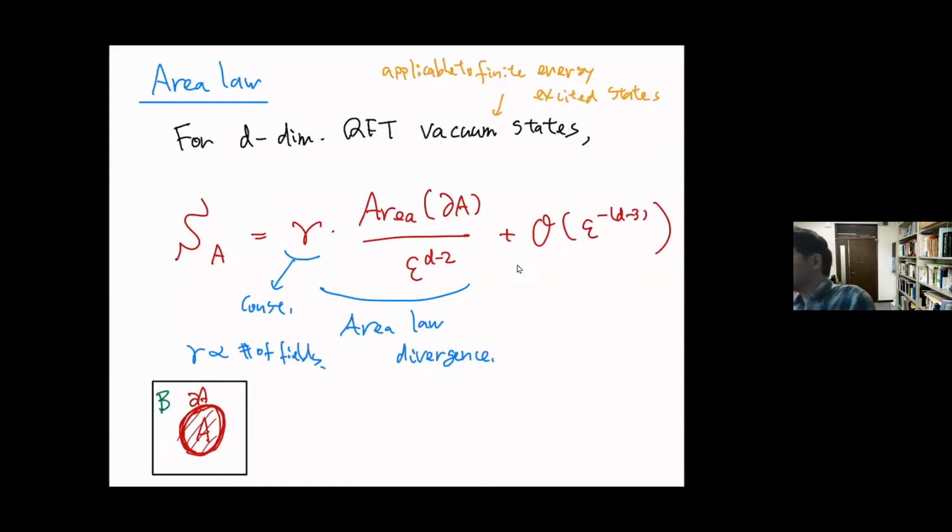Heuristically, this is not so surprising. We are talking about the ground state of some quantum field theory. You can imagine a simpler system like the Ising model, which has nearest neighbor interactions. Because of that, we have entanglement between nearest neighbor sites. There is also long range entanglement, but the entanglement is very large for nearest neighbors.